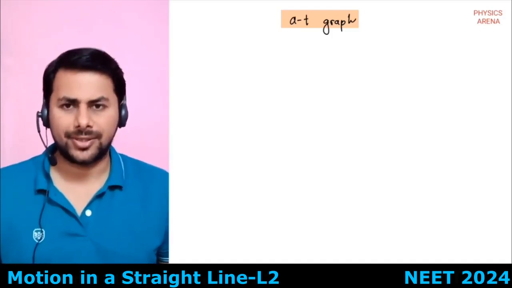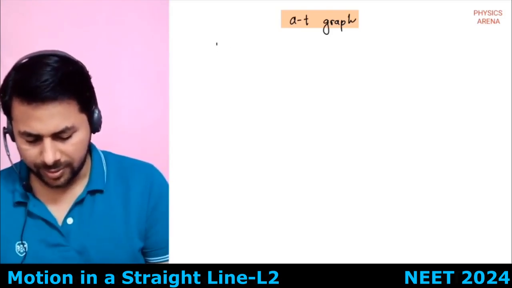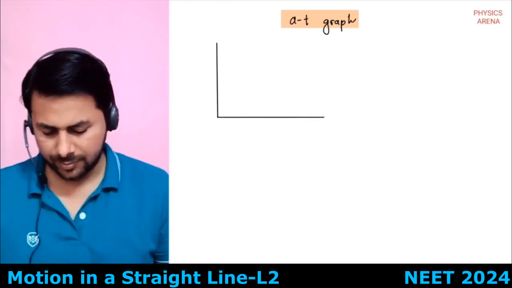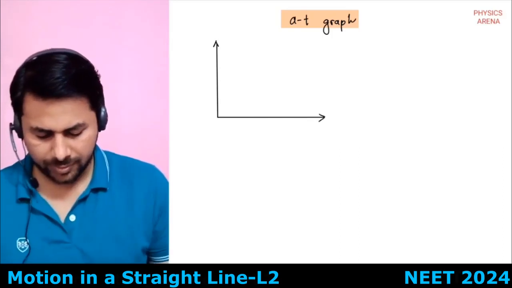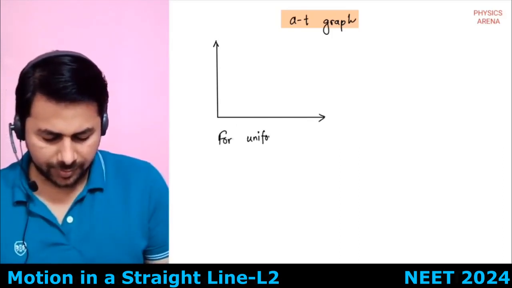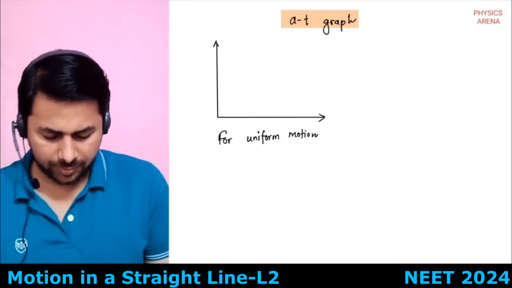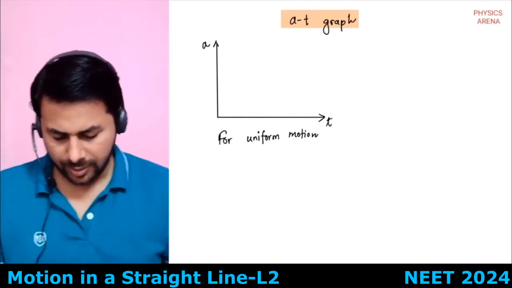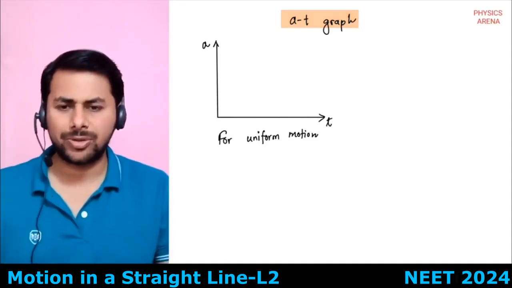Now, for uniform motion, this is A versus T. Tell me, how will it look if the motion is uniform?